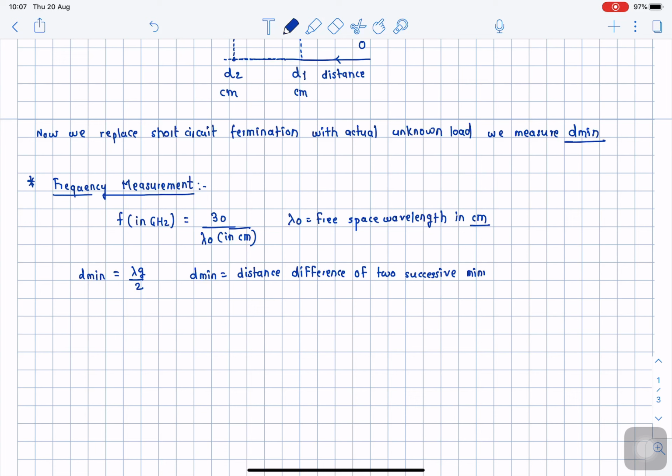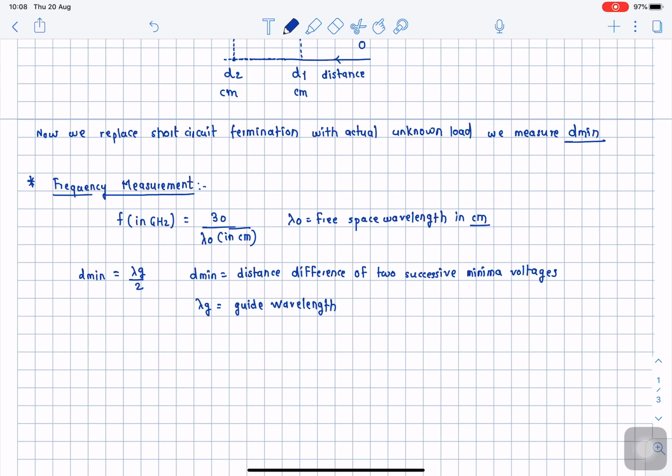Minima stands for minimum voltages. And what is lambda g? Lambda g, as we already know, is known as the guide wavelength. So the distance between any two successive minima is nothing but half of the guide wavelength.